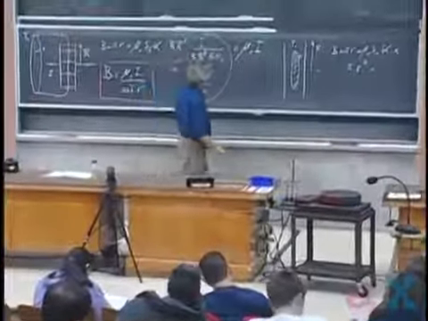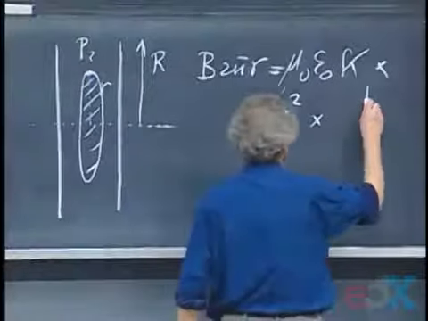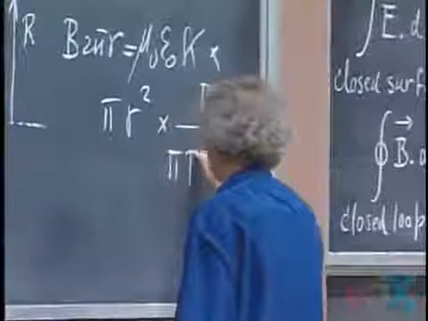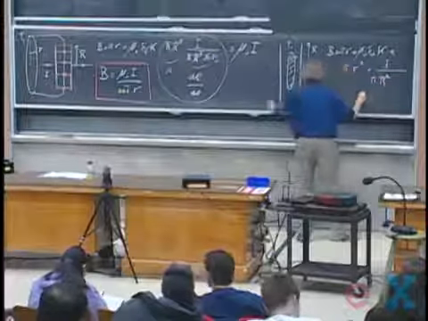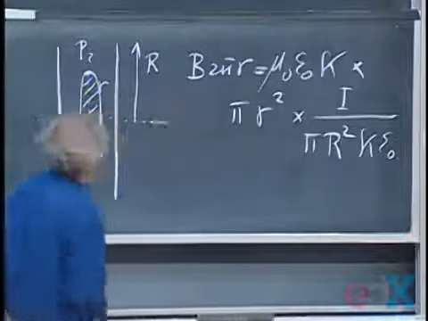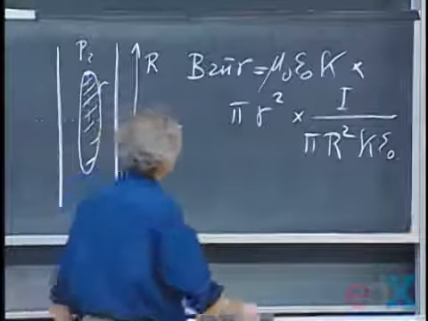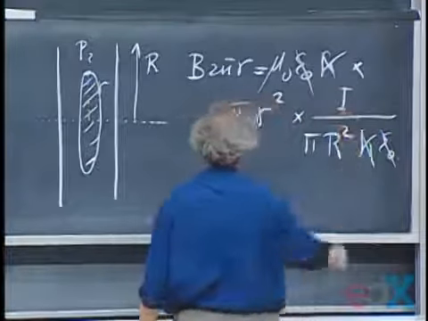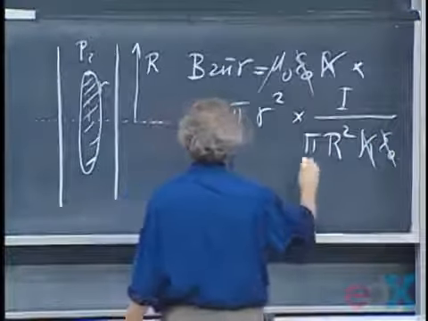So we get our current I divided by pi capital R squared divided by kappa epsilon zero. And now you're again losing a lot. You lose your epsilon zero, you lose your kappa, you lose a pi.